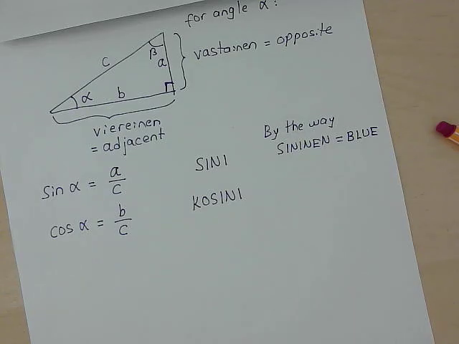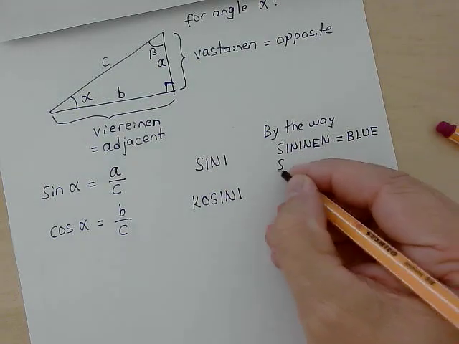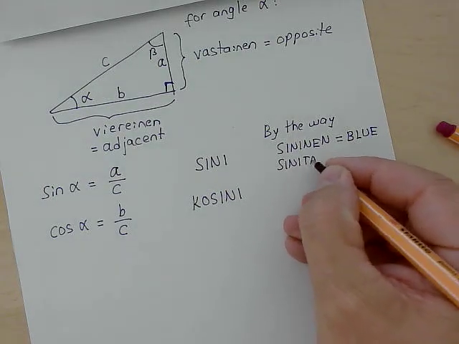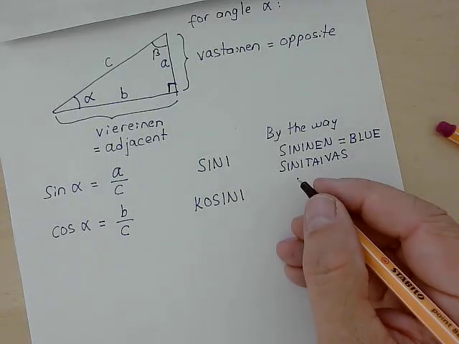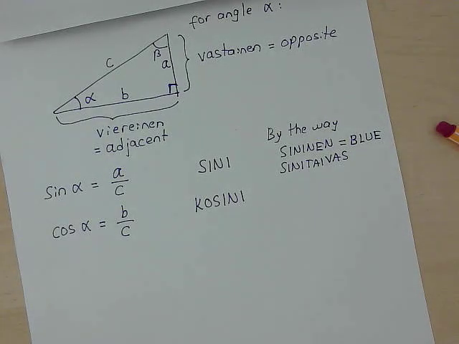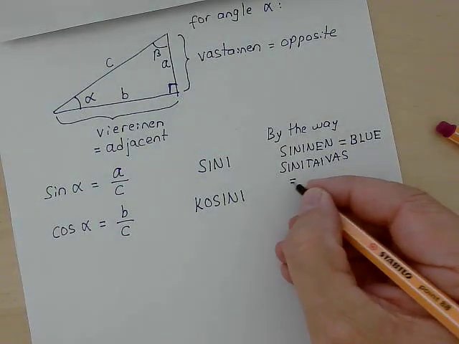Sini taivas is blue sky. We mostly may say sininen taivas, but shortly it would be said, oh, it's so nice weather, sini taivas. Blue sky.